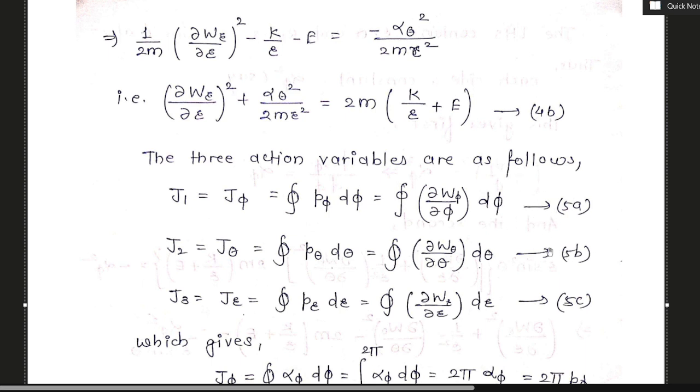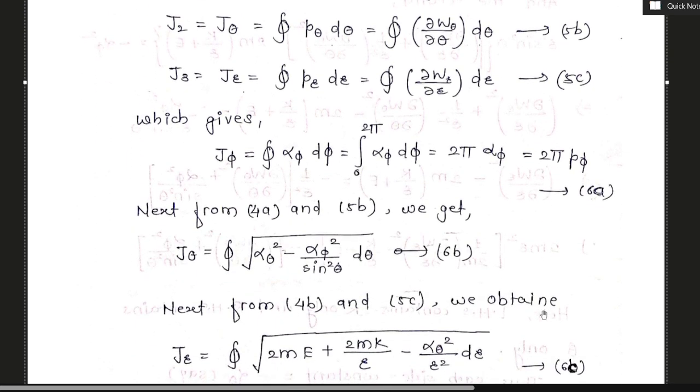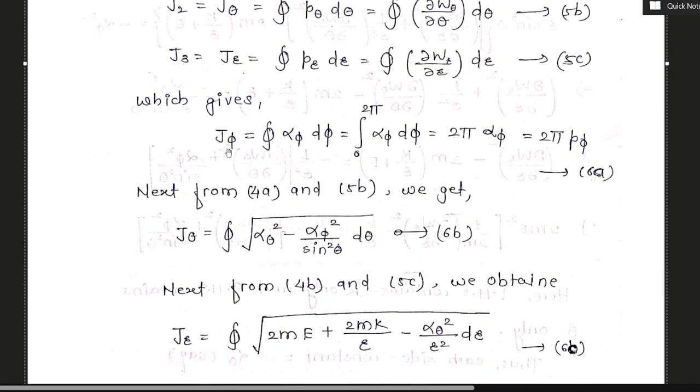Similarly, we can get equations 5b and 5c, which give J_phi equals the closed integral of alpha_phi d phi, which equals the line integral from 0 to 2 pi of alpha_phi d phi, again equals 2 pi alpha_phi, and it can be written as 2 pi into P_phi, and this is our equation number 6a.